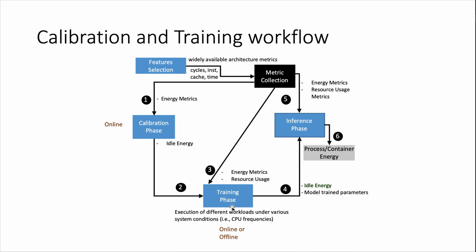The idle power is used to calculate the dynamic power, and then, having the dynamic power and the resource utilization, we run the regression algorithm to create the power model. The output of the regression algorithm is the power model that we use for inference to calculate the energy consumption of containers. Okay, so thank you everyone for the attention.